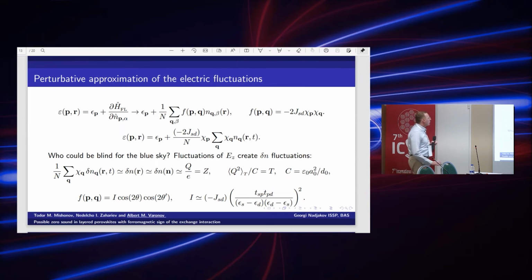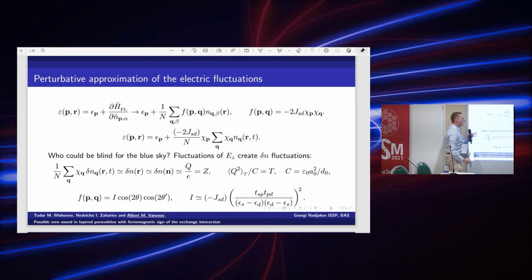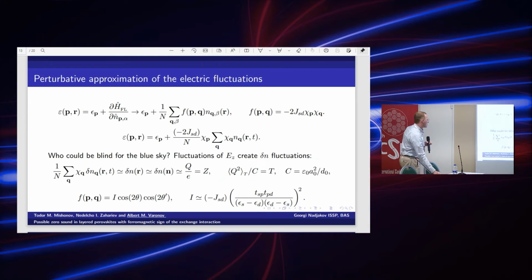So next we perform a perturbative approximation of the electric fluctuations, studying fluctuations in the 2D density, and each of the copper planes, if the resistivity in the z direction is too large, which we accept to be the case, can be viewed as a parallel plane capacitor, and we can use the Nyquist theorem for this relation between the averaged electric charge and the temperature.